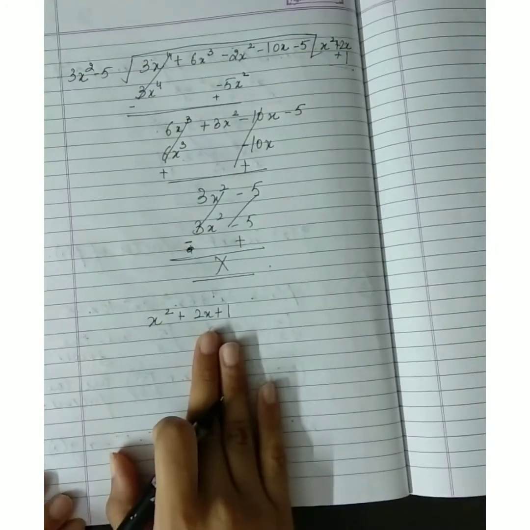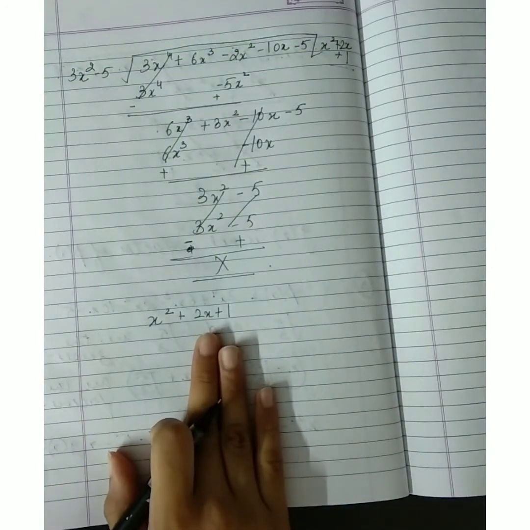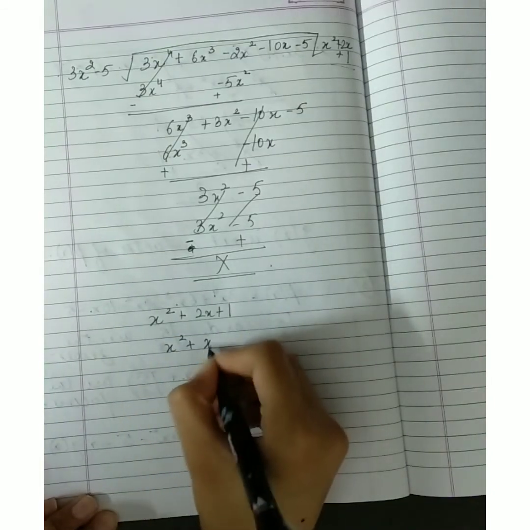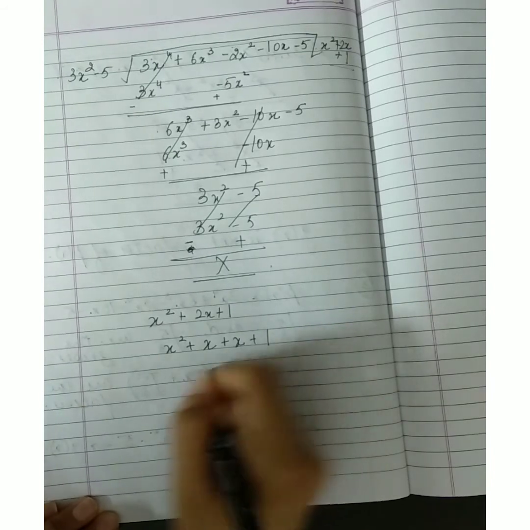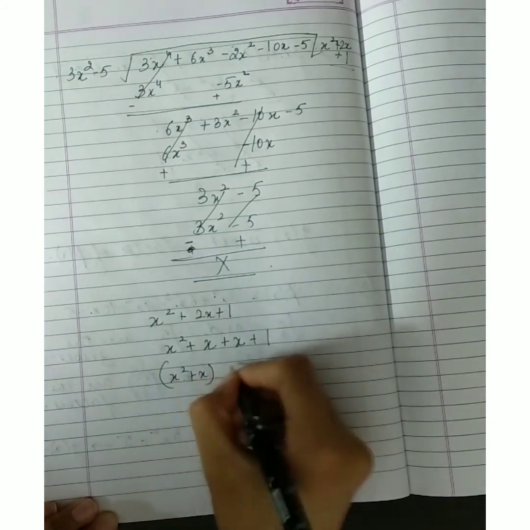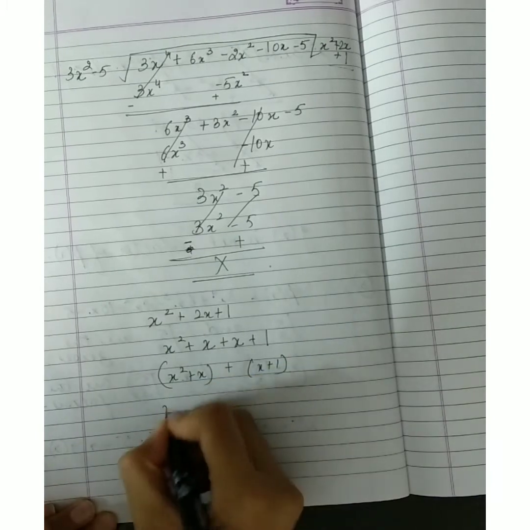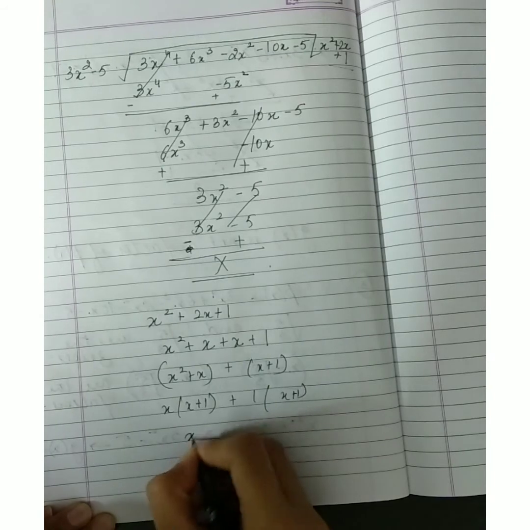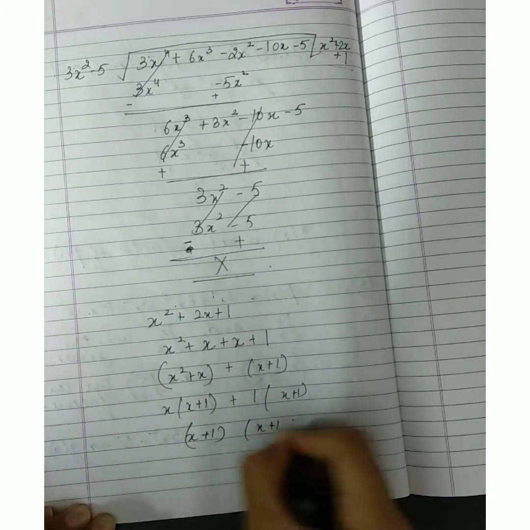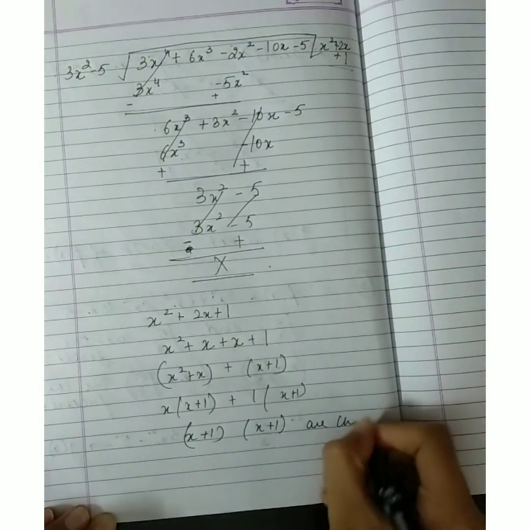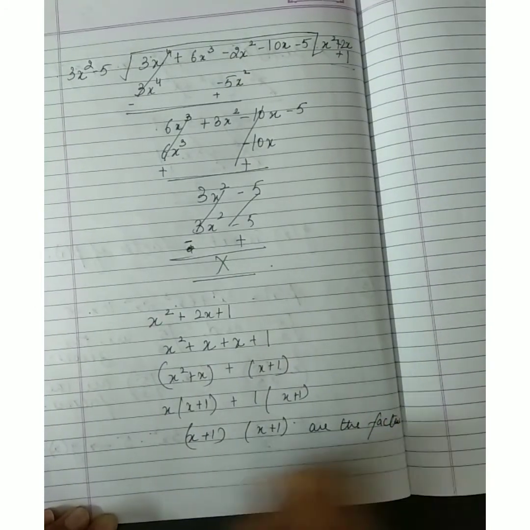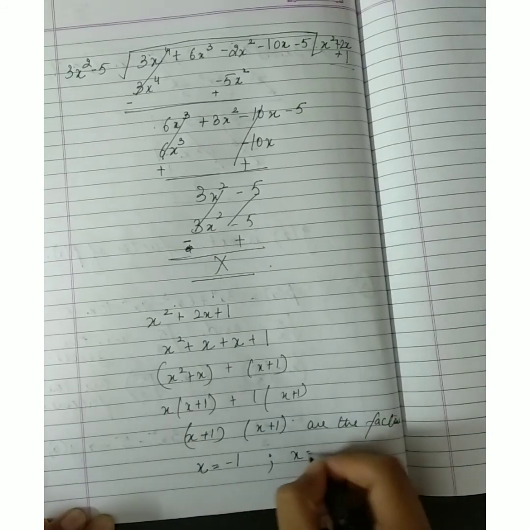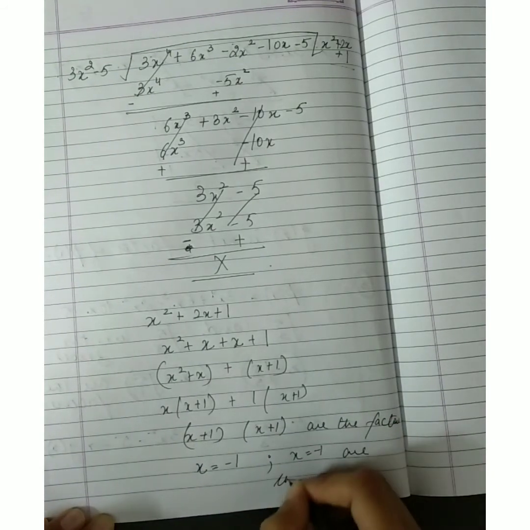Now we have to find the other factors, so we will split the middle term. So we will be getting x square plus x plus x plus 1. Here we will get x plus 1 common. x plus 1 and x plus 1 are the factors. Then x is equal to minus 1, these are the zeros.